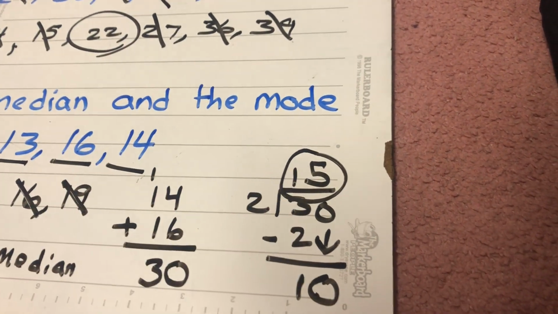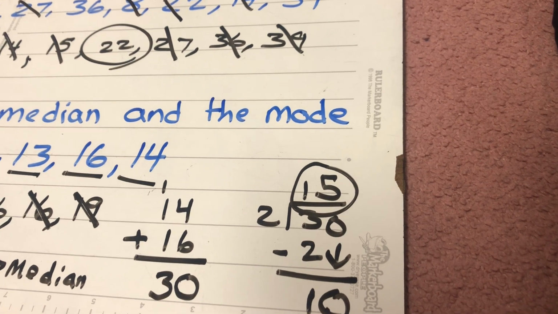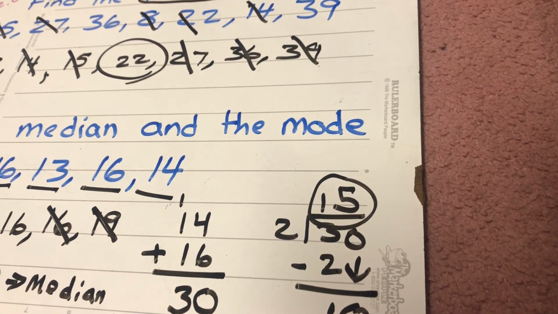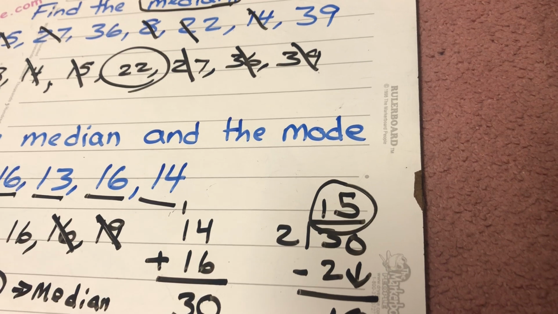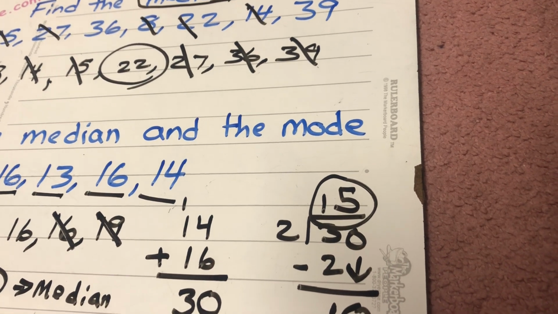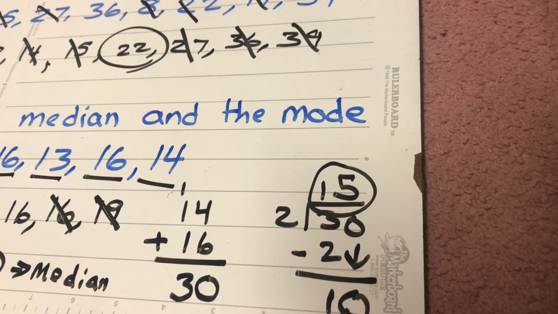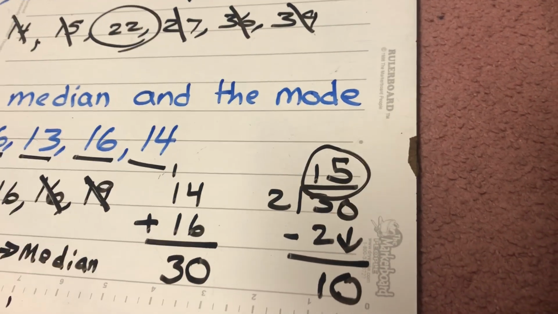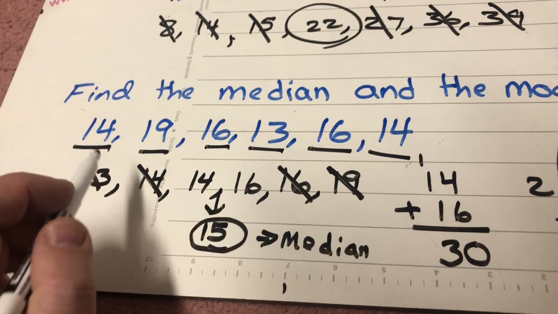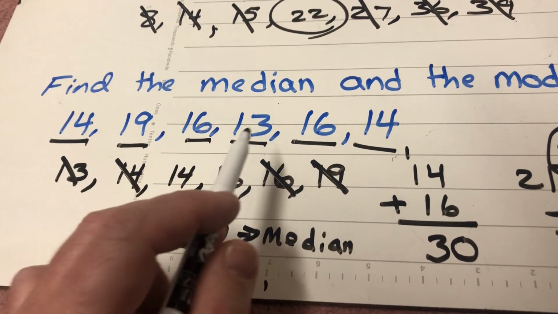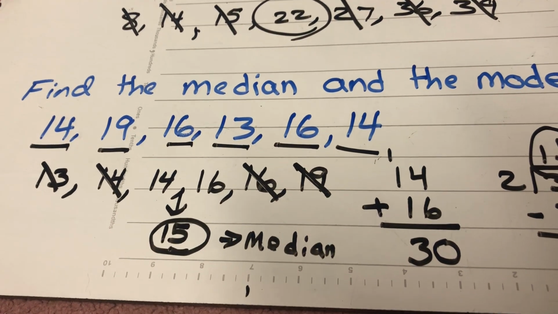The mode is the number that occurs most often. This is not to be confused with it shows up more than one time. The mode is the number that occurs more often than any other number. So when I look at this set specifically, I've got 14, 19, 16, 13, 16, and 14.